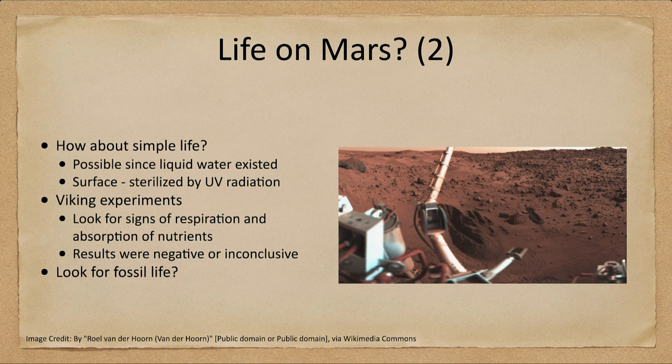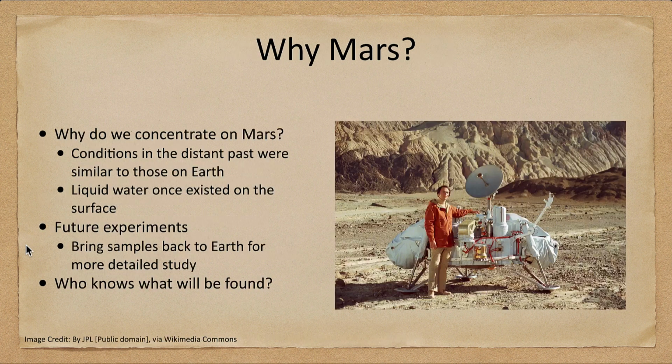And the question comes up, why Mars? Why do we look at Mars when we're talking about life? Well, the conditions in the distant past were similar to what we have on Earth. So we know that liquid water once existed on the surface. So it makes Mars really the most Earth-like planet in terms of looking for life. Later on, we'll look at other objects and consider some of the moons in the outer solar system as other possibilities for life.